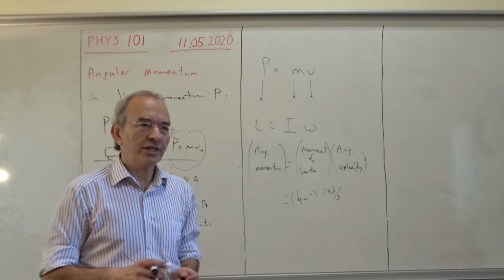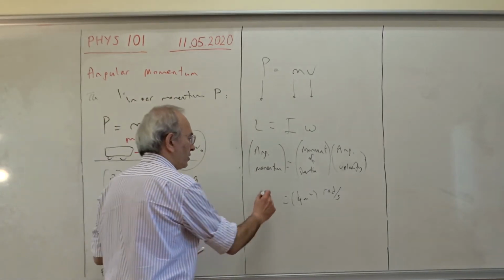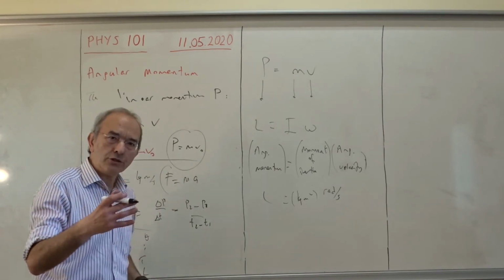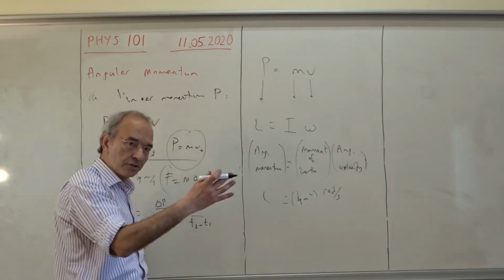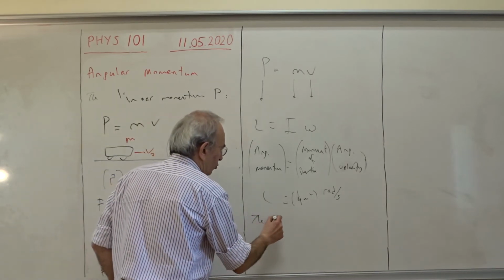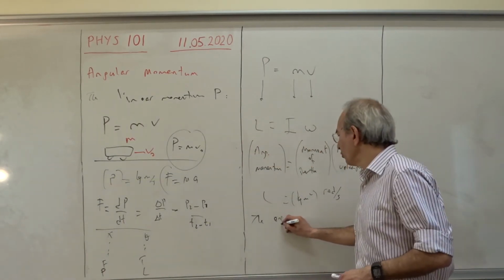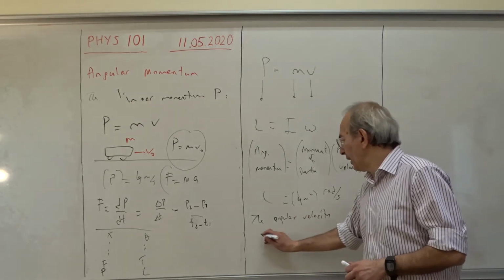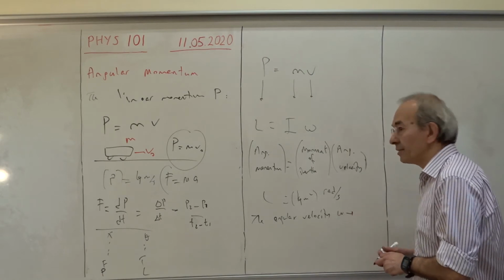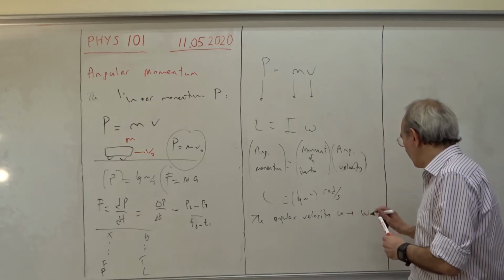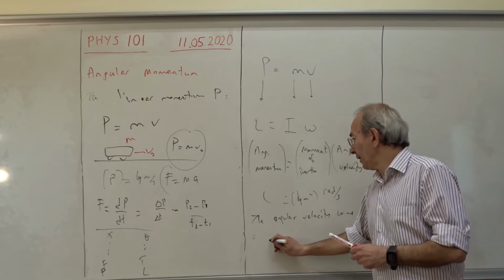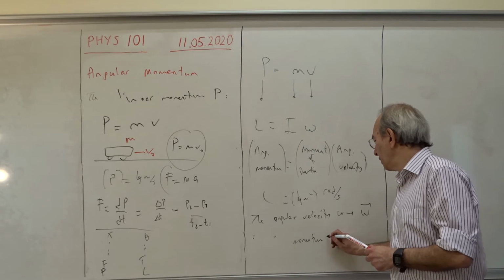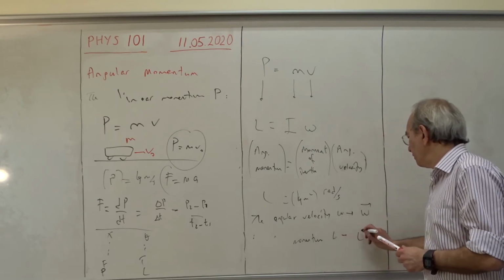It doesn't have a shorthand unit. L is a vector quantity. First of all, I will say that angular momentum L is a vector quantity. It has a direction. The angular velocity omega is written with a vector, and the angular momentum L is also written with a vector.